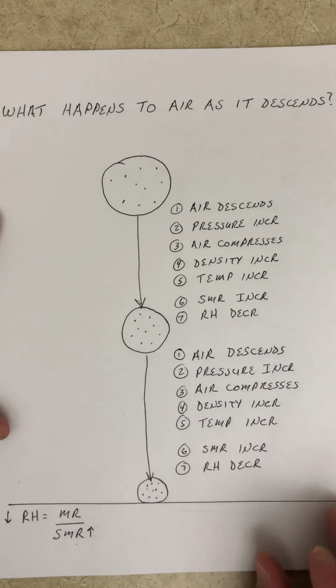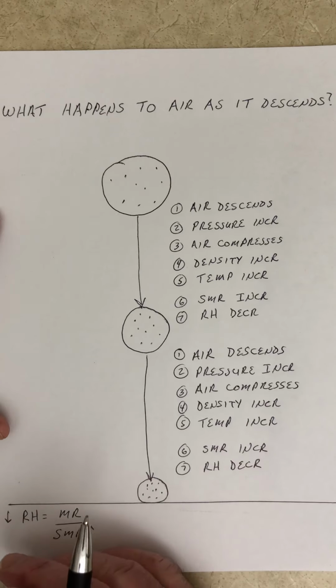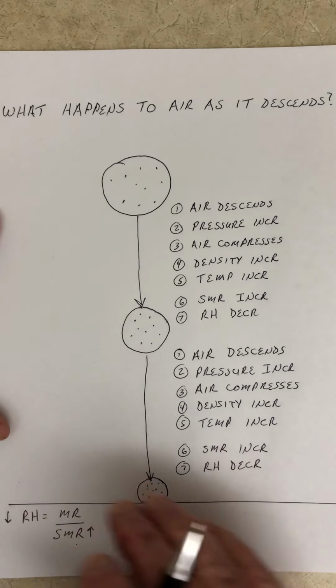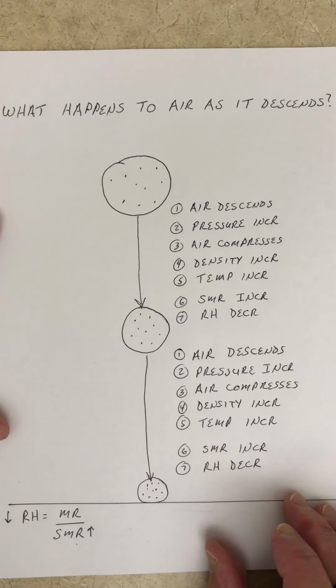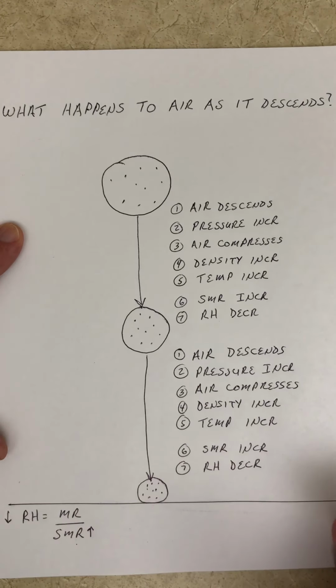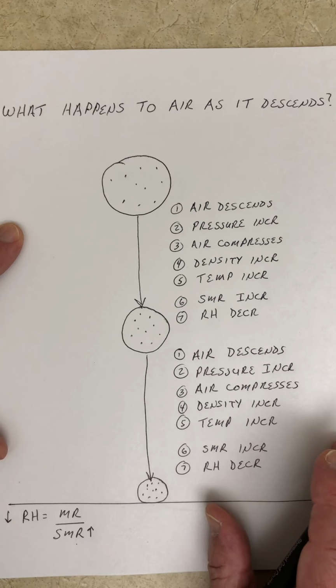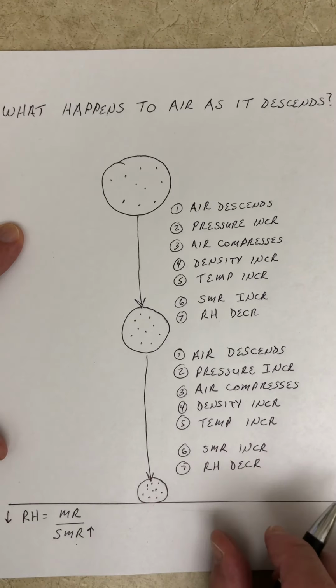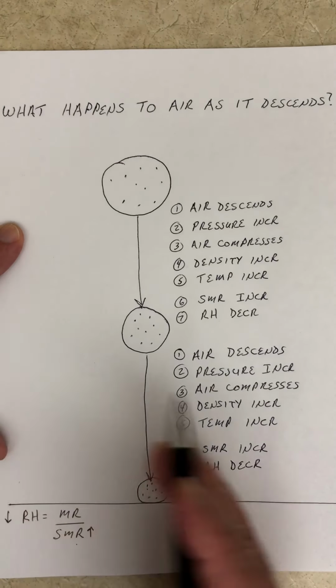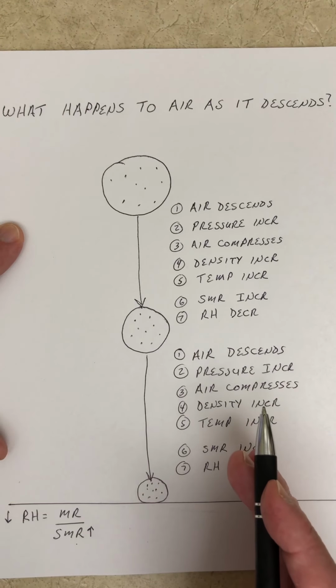A good example is in Washington State. Seattle, Washington, which is on the windward side of the mountains, has air coming off the Pacific. Seattle has an average annual precipitation of about 80 inches of rain per year. But if you go on the leeward side of the Cascades, like in Spokane, Washington, in the eastern part of Washington State, you've got air coming down off the Cascades.